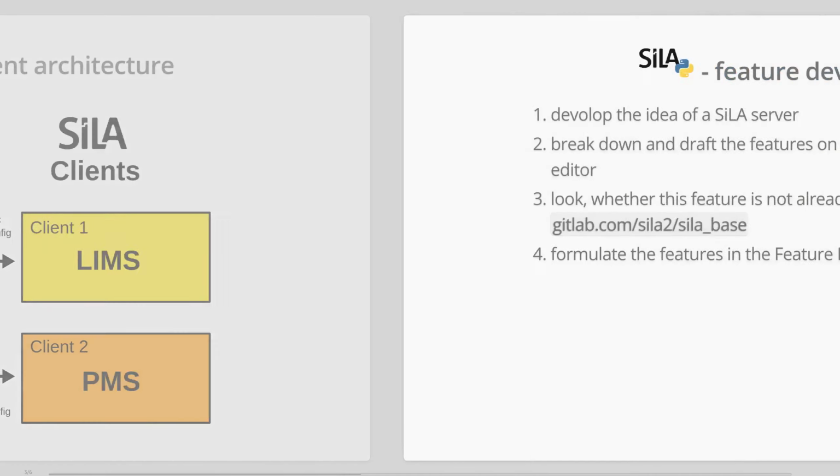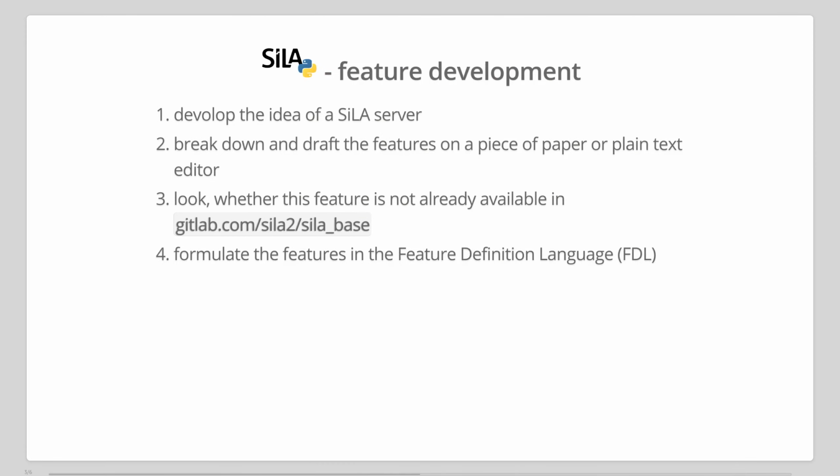So how do you develop such a feature? The first important thing is that you think about what your new SiLA server should look like, what features it should have.